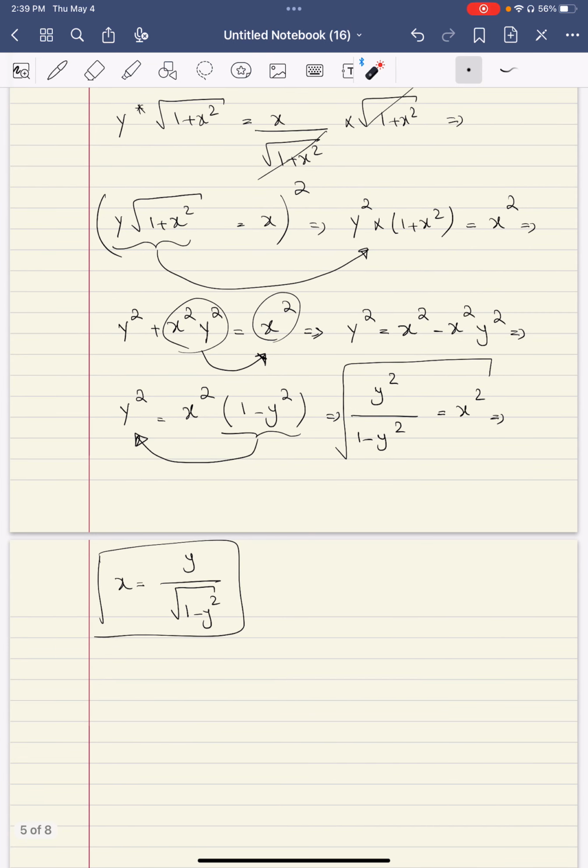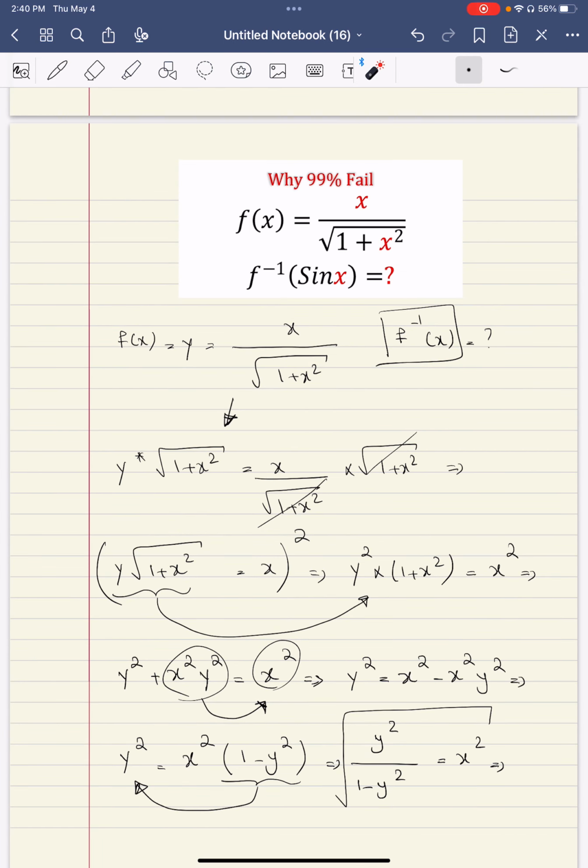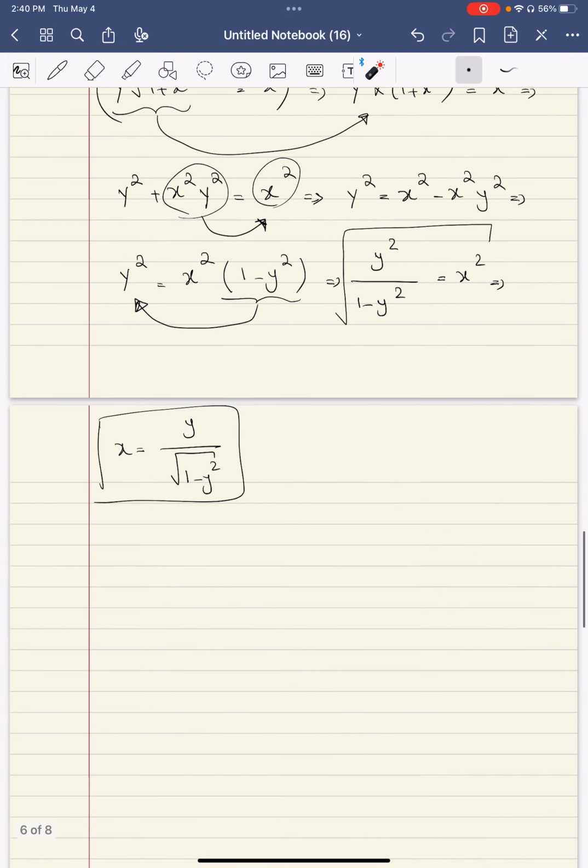So here it was y equals a function of x. Right now we found x as a function of y. This will be the inverse of the function. So the inverse of our function would be as this.